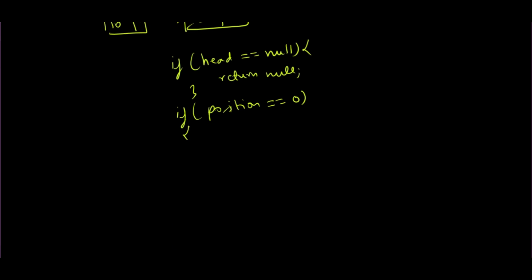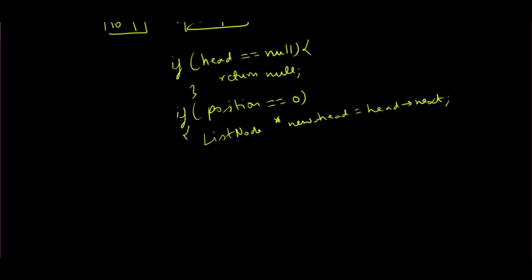So first we need to save the head next, because if we don't save it we will lose access to it. So we will first do, let's suppose, list node, we will name it new head. Okay, new head equals old head arrow next.